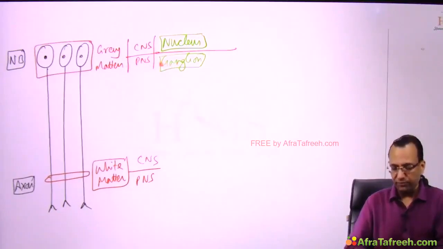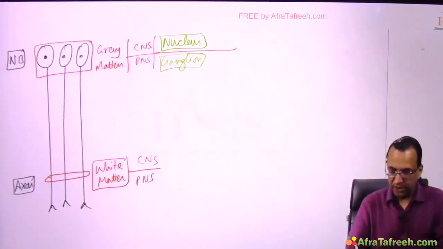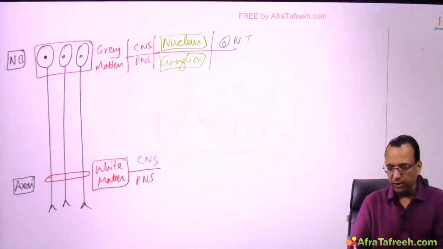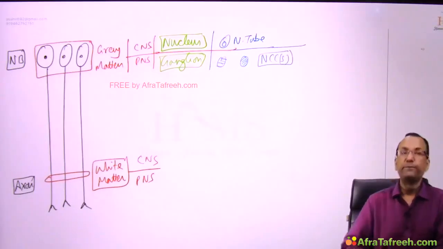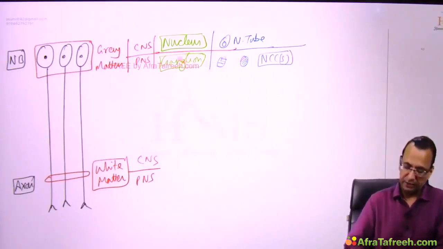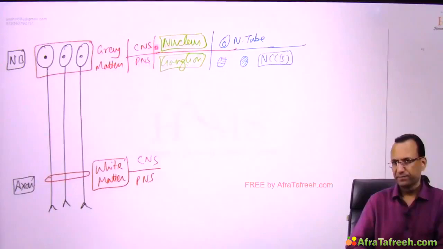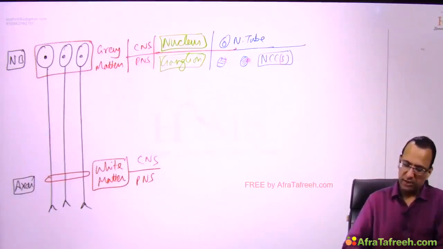Embryologically, if it is from the neural tube, it will form the CNS nuclei, and if it is the neural crest cells, then they will form the peripheral ganglia. Since the neural tube contributes to the central nervous system, it will form CNS nuclei. And since the neural crest cells contribute to the peripheral nervous system, they will form the ganglia.